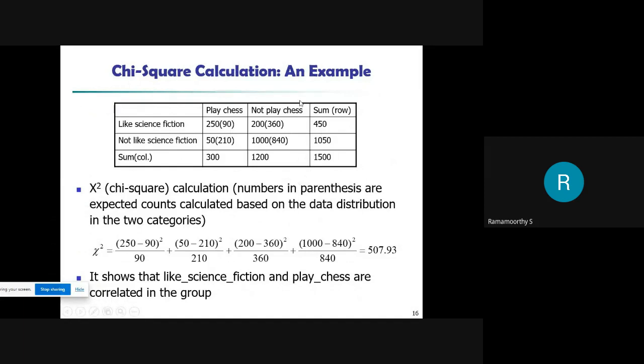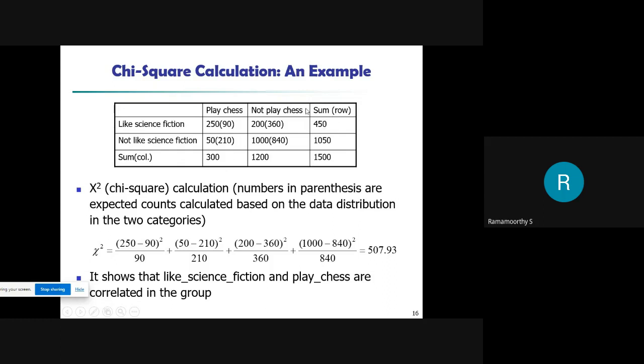Now, one example of chi-square calculation is given here. There are people who like science fiction and people who do not like science fiction, and in the columns, whether they play chess or not play chess.